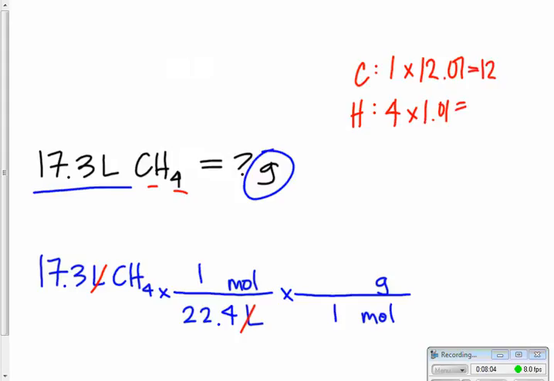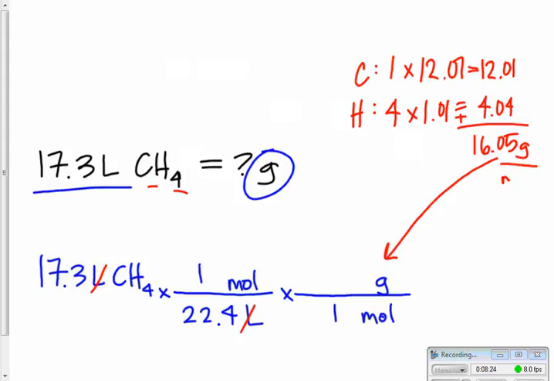So carbon, all of the carbon, there's only 1, so it's 12.01. All of the hydrogen, so all 4 of them, is 4.04, which gives me a total mass, right, I'm going to add these up, of 16.05. That is my number for here. That's my grams, right? Remember, that's grams per mole. So I'm going to write in here 16.05.